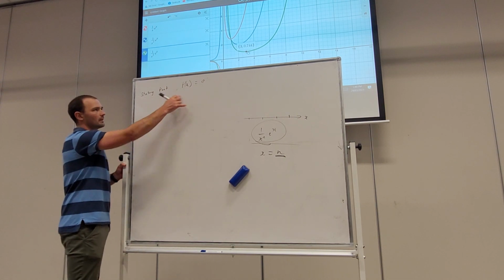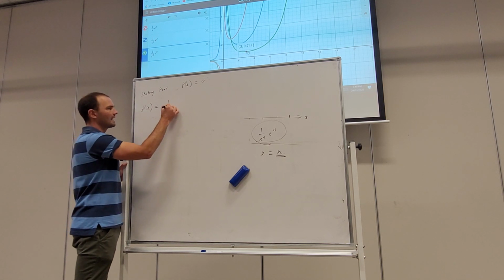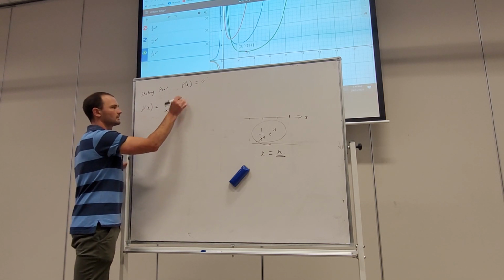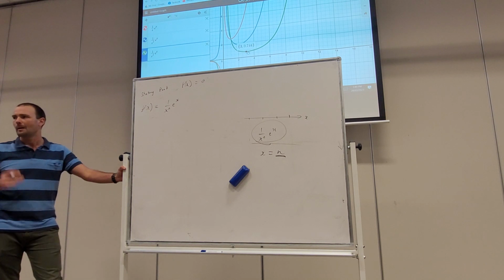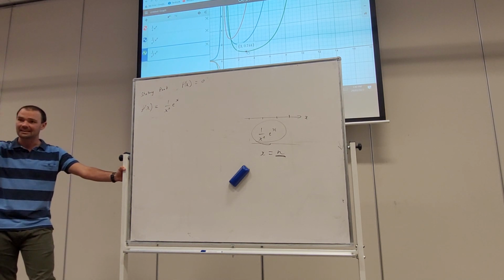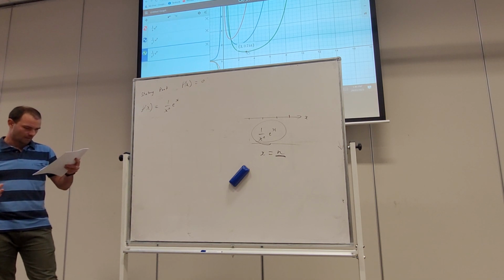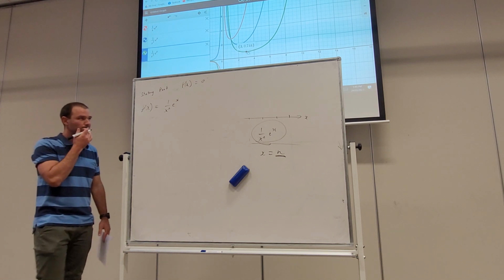So, if our function is 1 on x to the n, e to the x, where n is some positive integer, right? Where n is a positive integer.